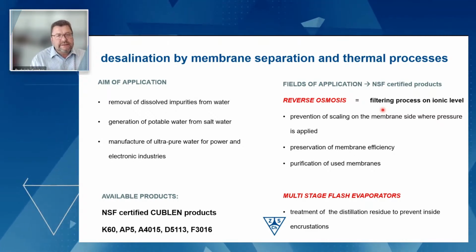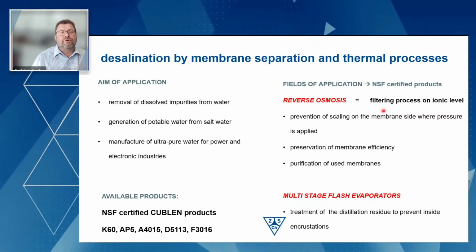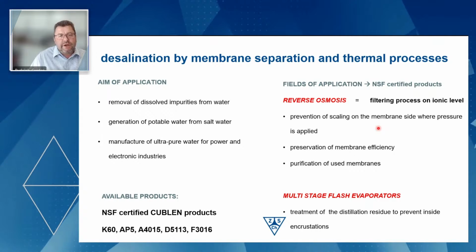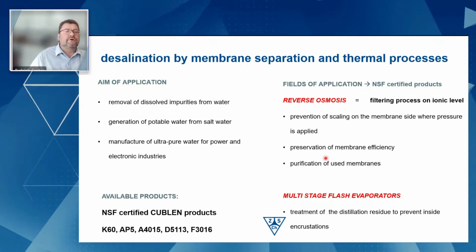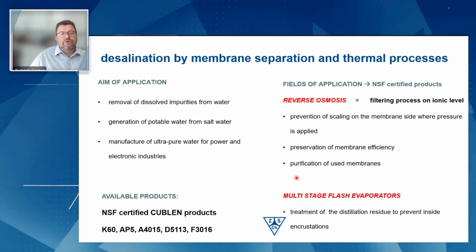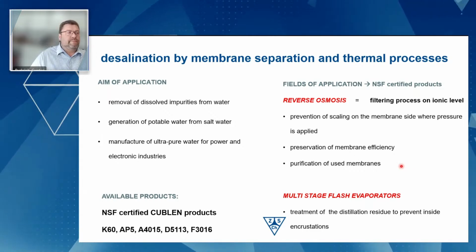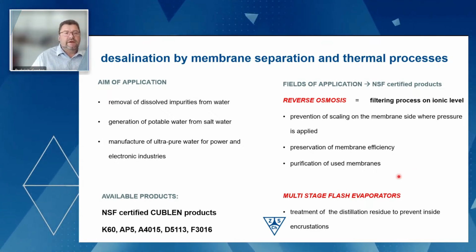For reverse osmosis, it's a little bit different, but at the end, the aim is the same: to prevent the scaling on the membrane, of course on the pressure side, and to preserve the membrane efficiency, and at the end, to also clean the used membranes, because this is always necessary at the end.